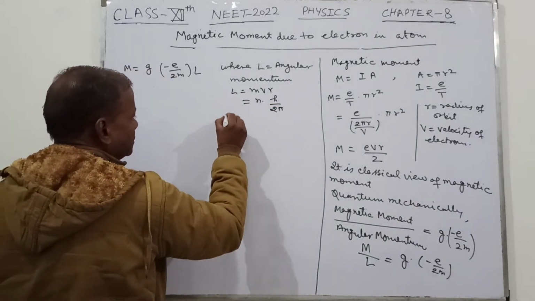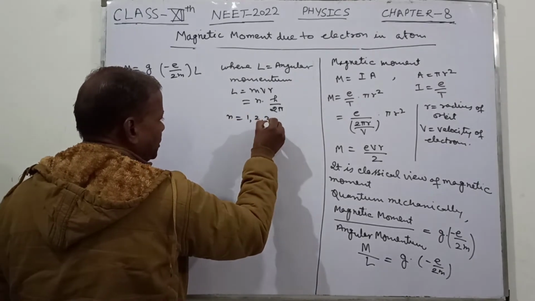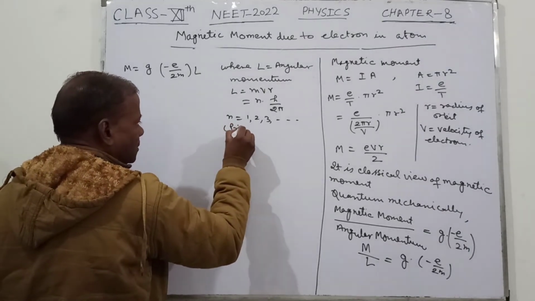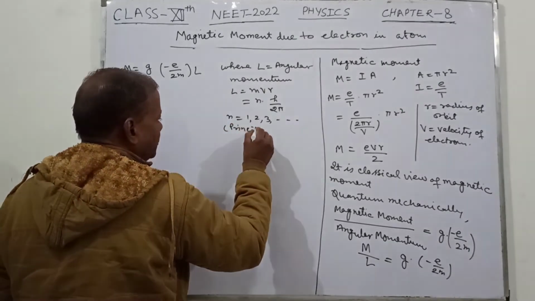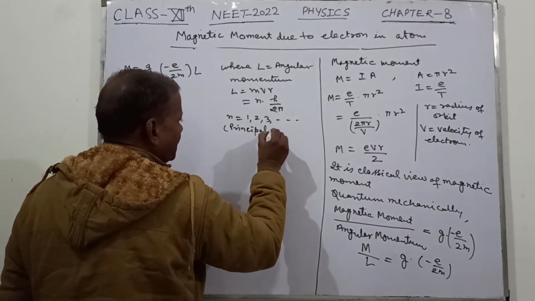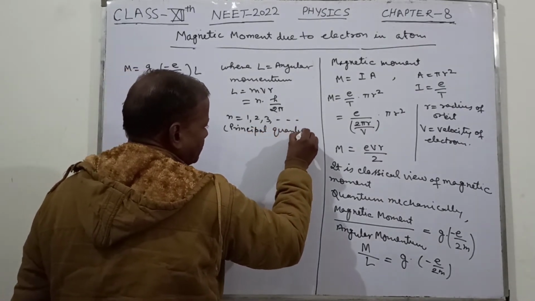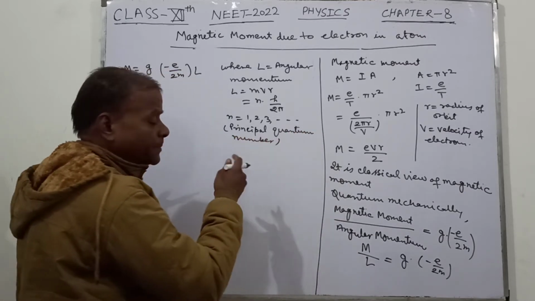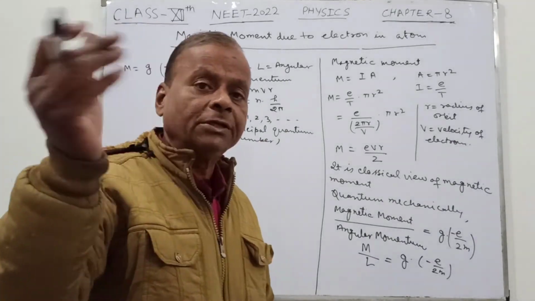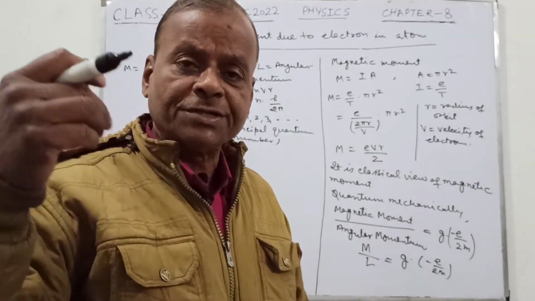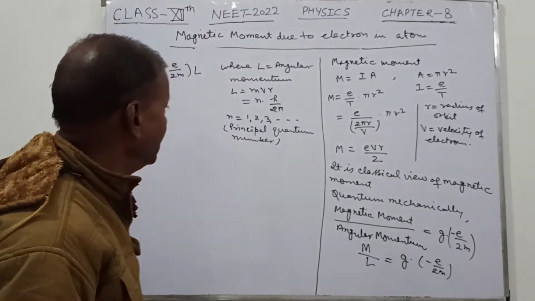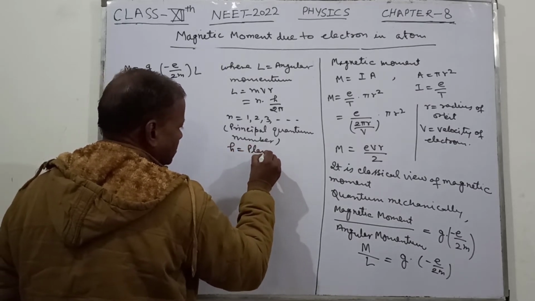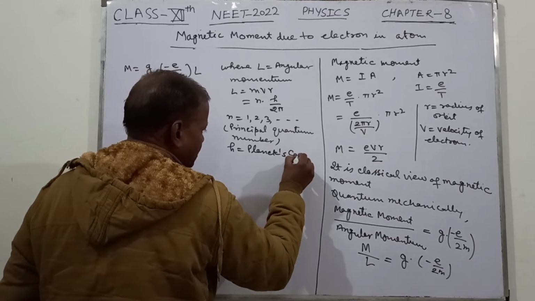Now n equals 1, 2, 3, 4, 5, 6. This is the principal quantum number.